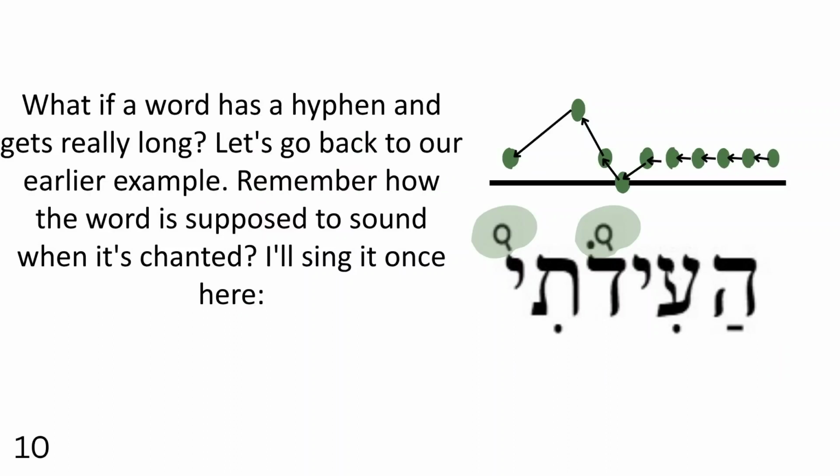Well, what if a word has a hyphen and gets really long? Let's go back to our earlier example. Remember how the word is supposed to sound when it's chanted? I'll sing it once here. Ha'idoti. So remember, that's our base word. Ha'idoti.